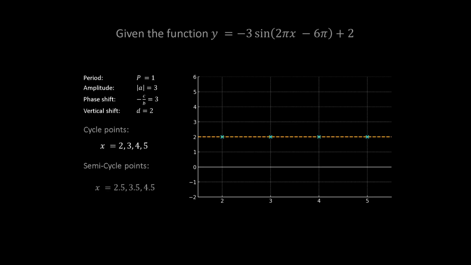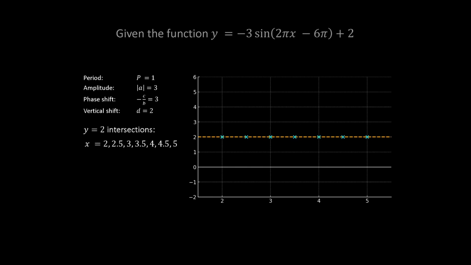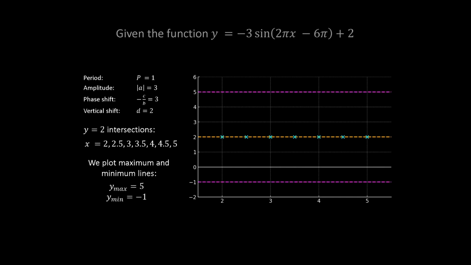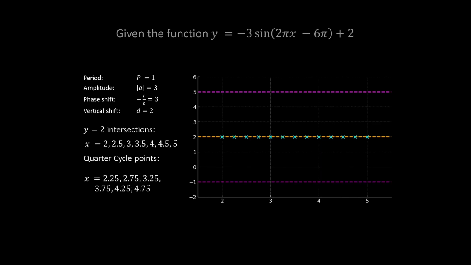Then the semicycle points can be obtained in a similar fashion. The maximum and minimum values are obtained in the same procedure. Quarter cycle points and the vertical broken lines can also be determined in the same way.